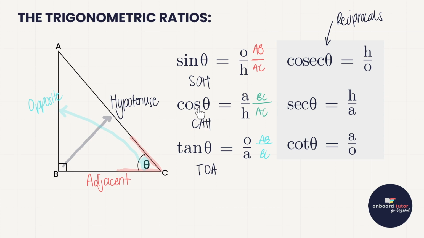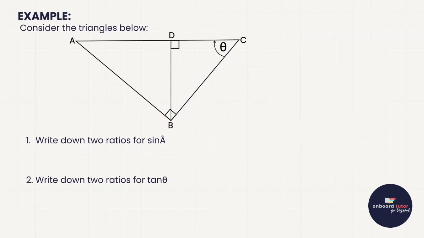And where cos was CAH, adjacent over hypotenuse, sec is hypotenuse over adjacent. And where tan was TOA, opposite over adjacent, cot is adjacent over opposite. Okay, most of our maths is going to focus on sine, cos, and tan, but these reciprocals can be tested at grade 10 level. Let's have a look at how this can be asked.